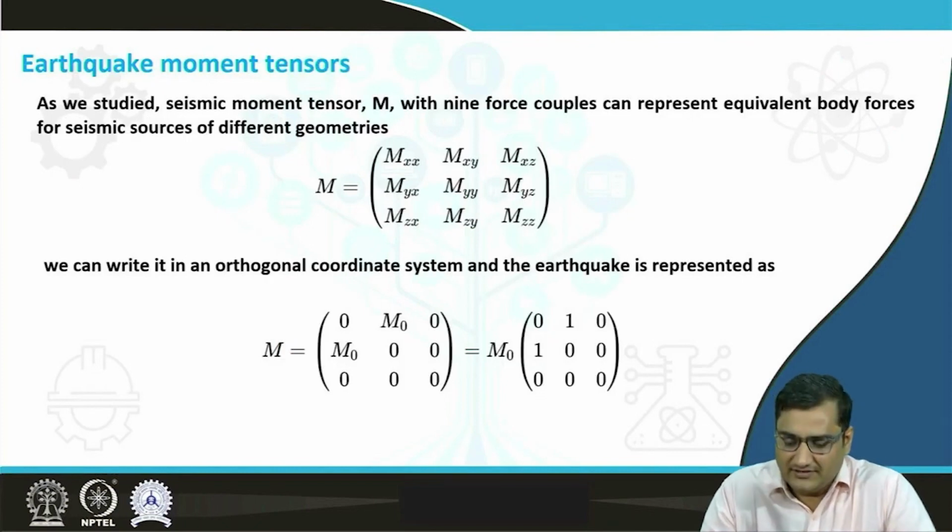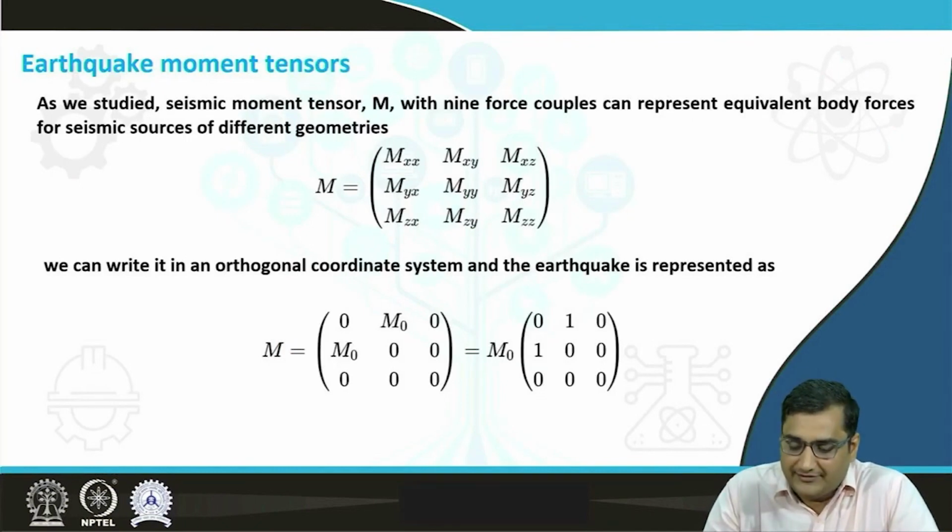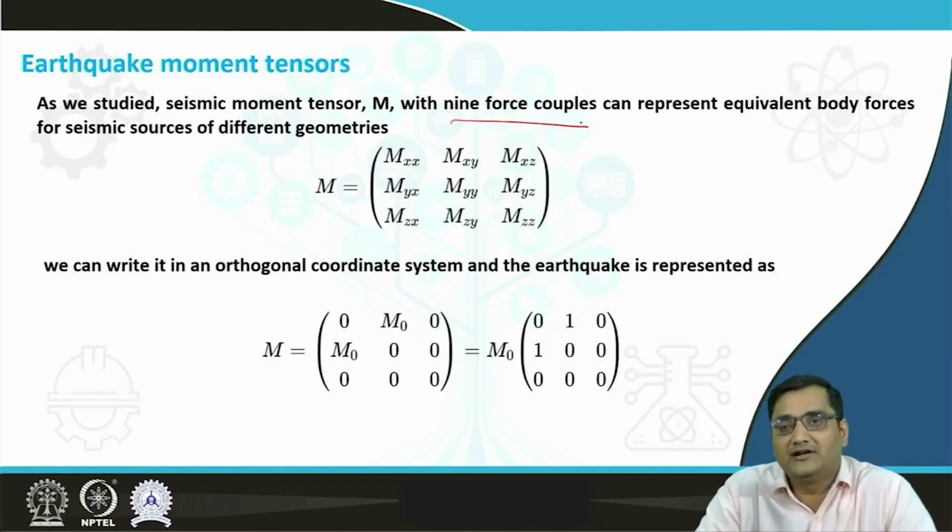Let's start with the lecture today. We have seen that the seismic moment tensor M, which has the 9 force couples, can be represented by the equivalent body forces for seismic sources of different geometries.